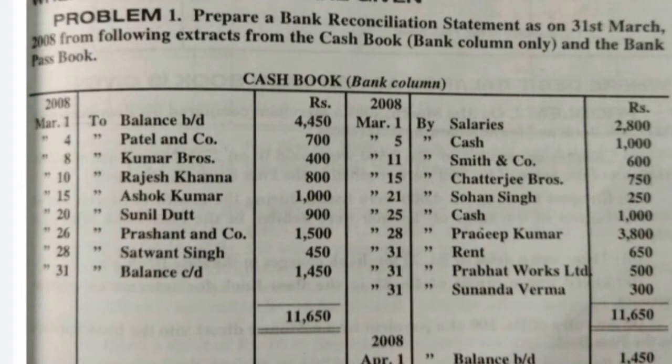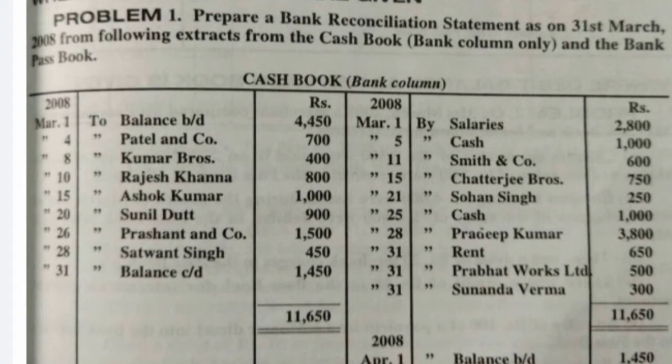Now next we need to compare the balances between the cash book and passbook. On the receipts side of the passbook and on the debit side of the cash book, now we will compare. Patel and Company got settled in the month of March only. It is not appearing in the passbook. Kumar Brothers is also settled. Rajesh Khanna, Ashok Kumar, Sunil Dutt.